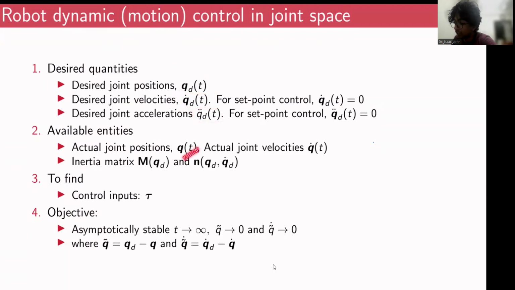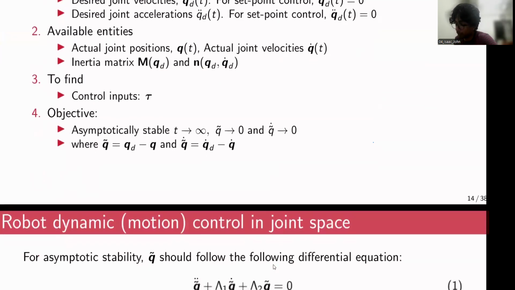We have the actual joint positions from the position sensors, and the actual joint velocities from the velocity sensors. We have the inertia matrix and we have the vector of Coriolis and centrifugal effects. Now, how do we find out the control input torque?